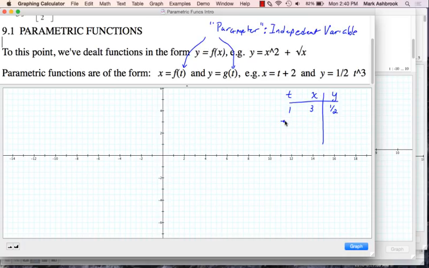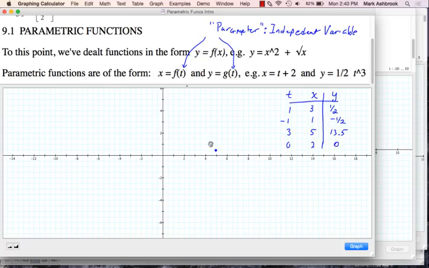t equals -1. What does that give us? (1, -1/2). t equals 3: (5, 27/2). Is that 13.5? And let's just do 0 here. 0 gives us (2, 0).